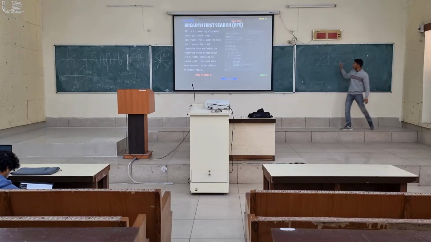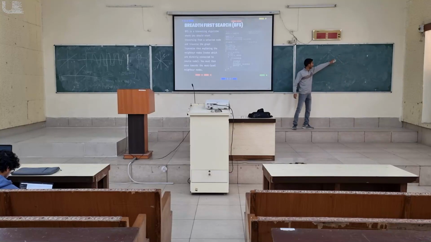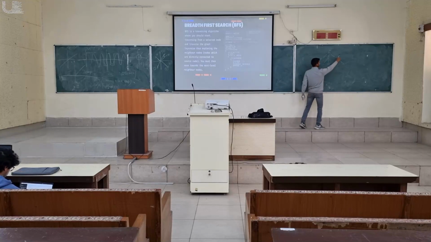When we are at this node, it implies that we would have visited all the nodes before that level: x minus 1, x minus 2, and all those levels will be visited, and these x levels will be in the queue.